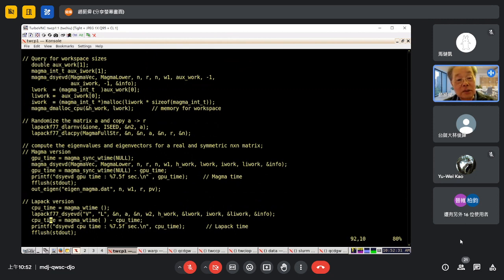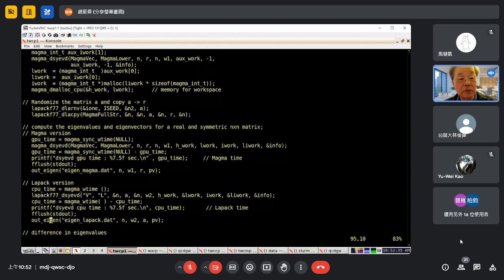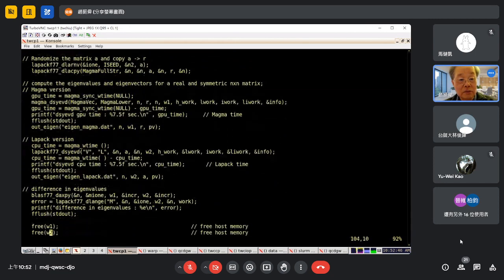Then you know the CPU time, and again we output the eigenvalues and optionally the eigenvectors by this routine. We can also check the difference in the eigenvalues, and then print out the error.